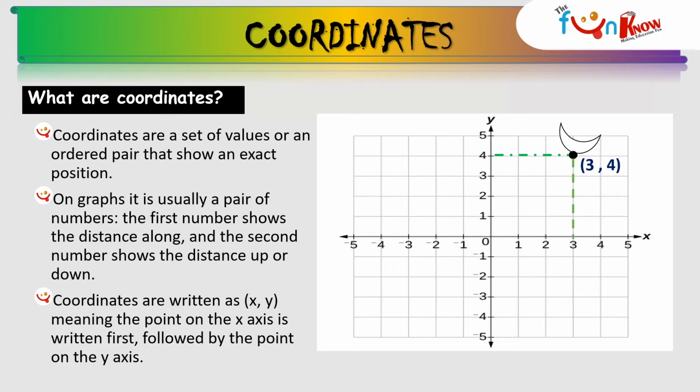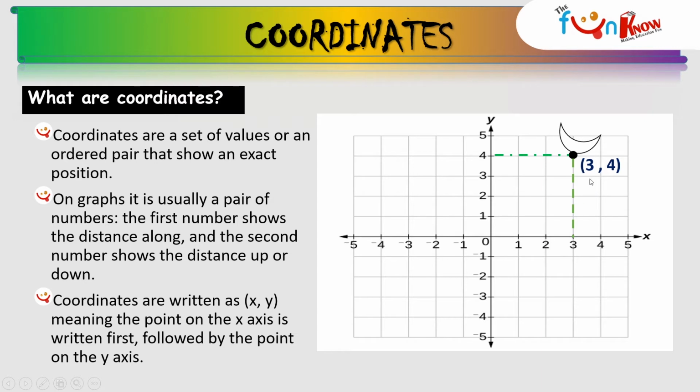Now here you must be thinking what is 3, 4 and why it is written so. Students, remember, whenever you write a coordinate, the first number shows the distance along and the second number shows the distance up and down. Here in this example, 3 is the first number and it shows the distance along.